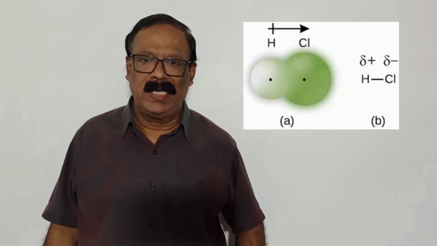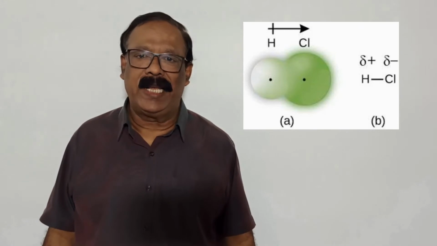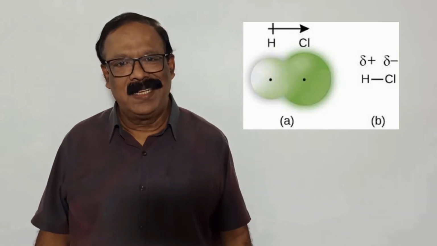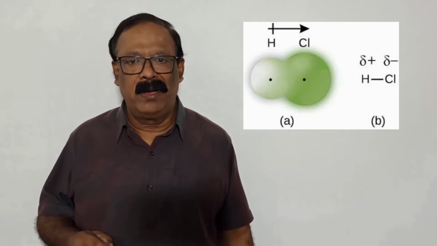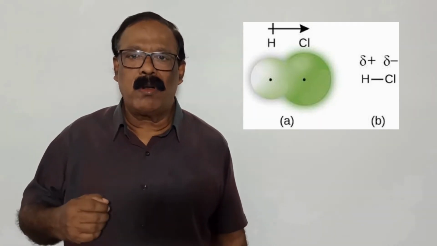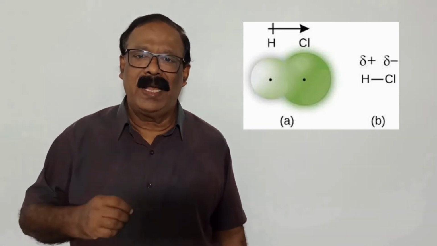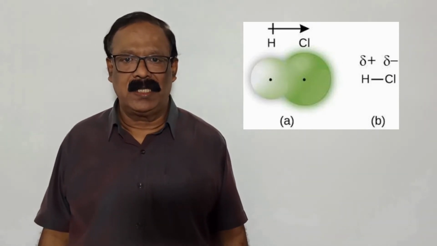For example, in hydrogen chloride, chlorine is more electronegative than hydrogen. Hence, the shared pair of electron will always be near chlorine. So chlorine will have a slight negative charge and hydrogen will have a slight positive charge.